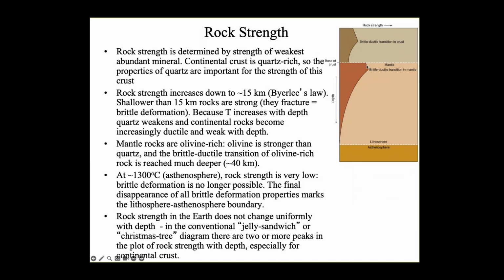Rocks shallower than about 15 kilometers are strong, which means they're going to fracture. There's going to be brittle deformation if they fail. But because temperature increases with depth, the weakest mineral in the continental crust, which is quartz, becomes progressively weaker, and it is the weakest mineral that determines the strength of the rock.